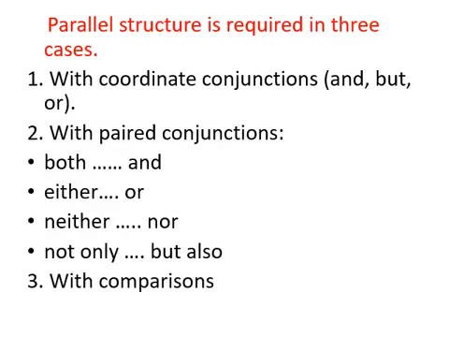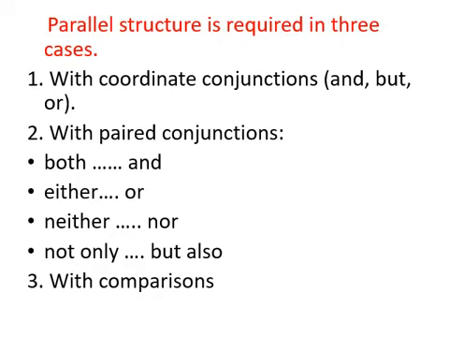طيب parallel structure is required in 3 cases. في 3 حالات in which we need parallel structure، البناء المتوازي ده. With أول حاجة with coordinate conjunctions اللي هي and, but, or.